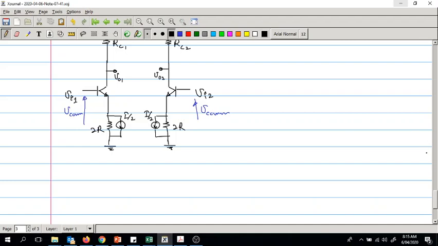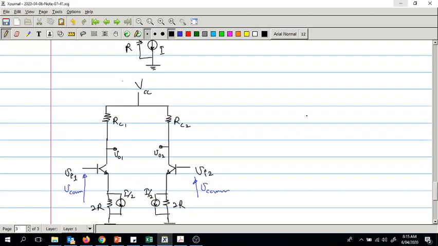Now we will derive the AC equivalent for this. If you draw the AC equivalent, we have RC, and we have V out 1. The transistor is modeled as the common base model, RE.